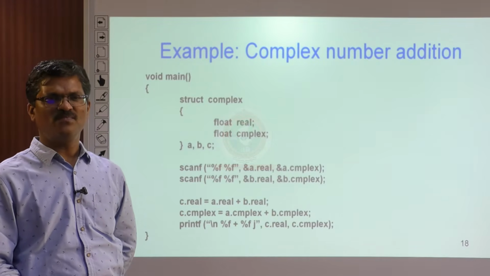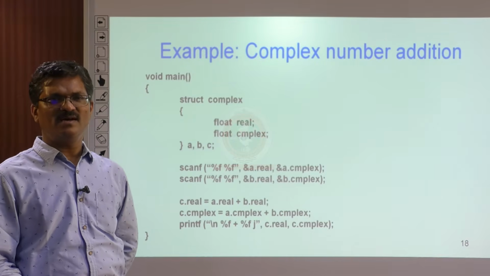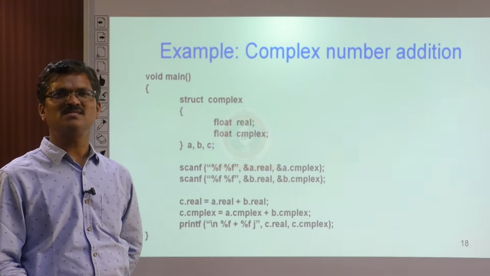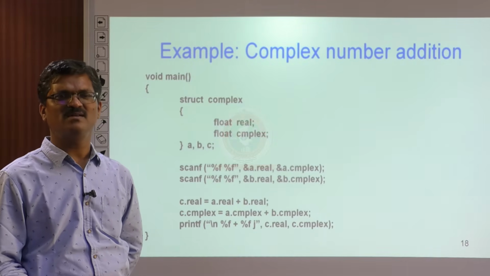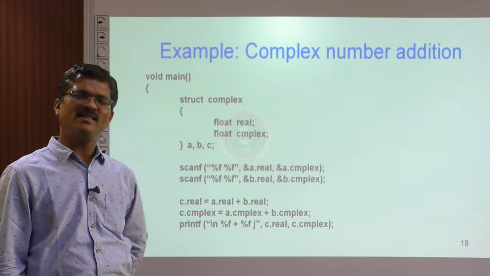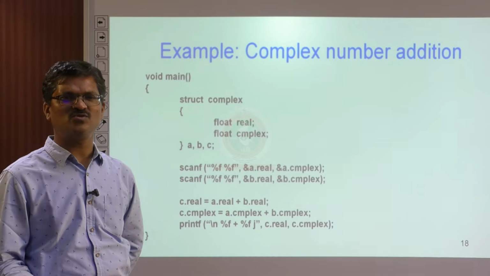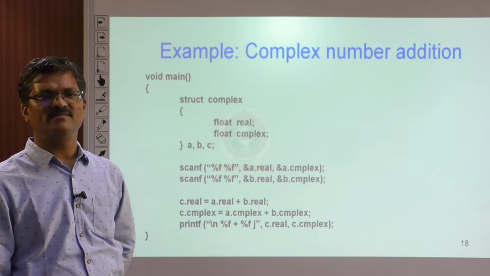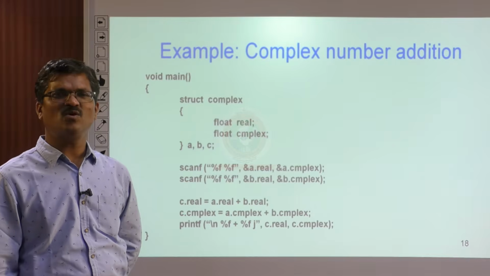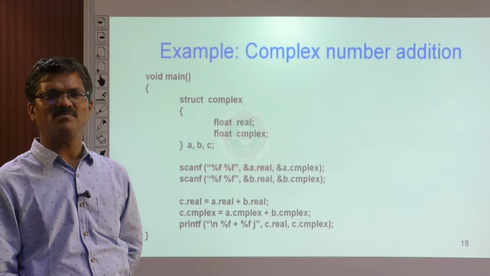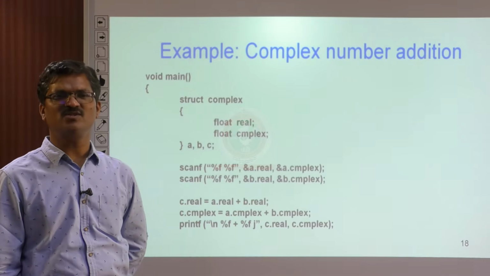I read the value of the real member as well as the complex member of structure A first, A dot real, A dot complex, and then the real and complex members of structure variable B. Then I add the real parts, A dot real plus B dot real, and store the sum in C dot real.